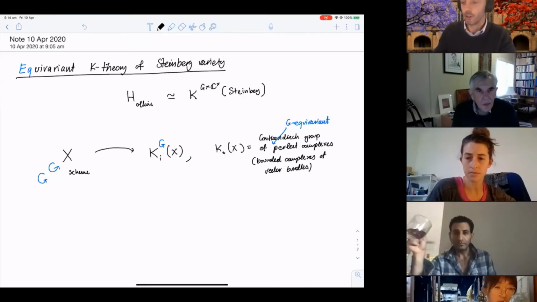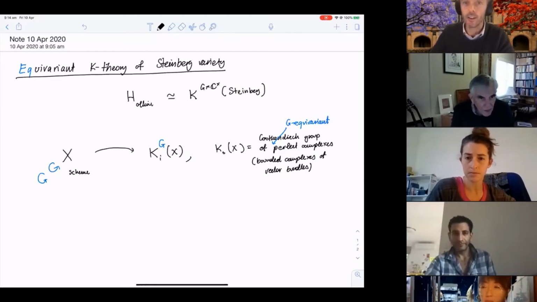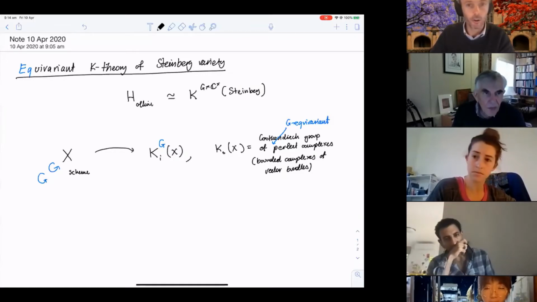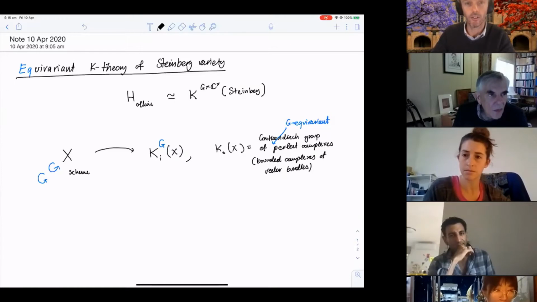But there was no unified approach until Quillen came along and defined the higher K groups of a ring. You can think about this a little bit as analogous to cohomology. When we first do a course in algebraic topology, we learn the definition of homology, and we think that homology is chains.